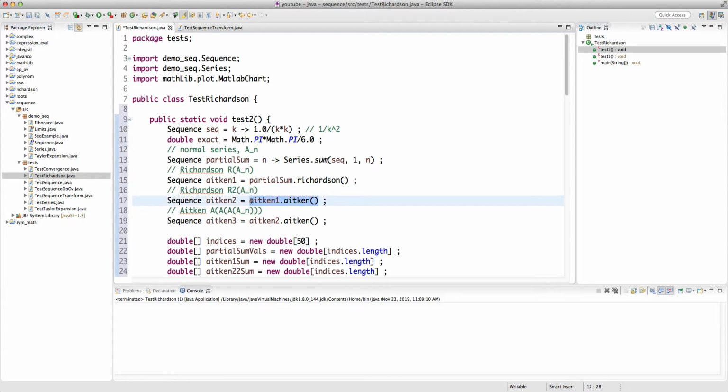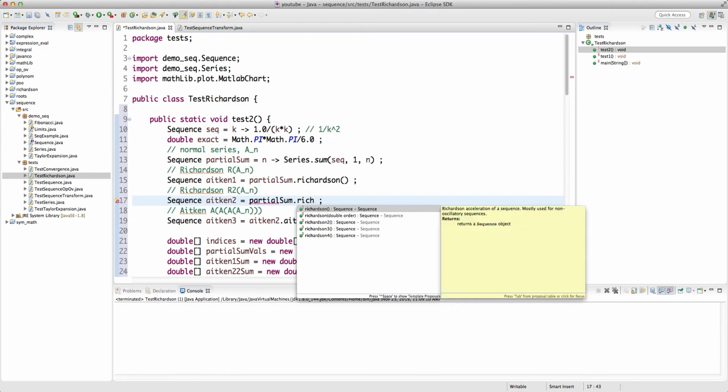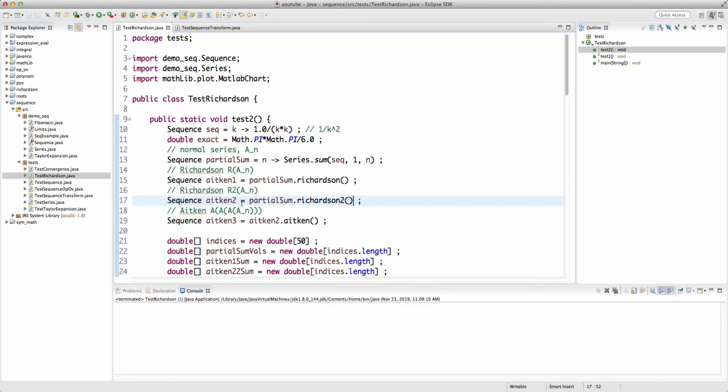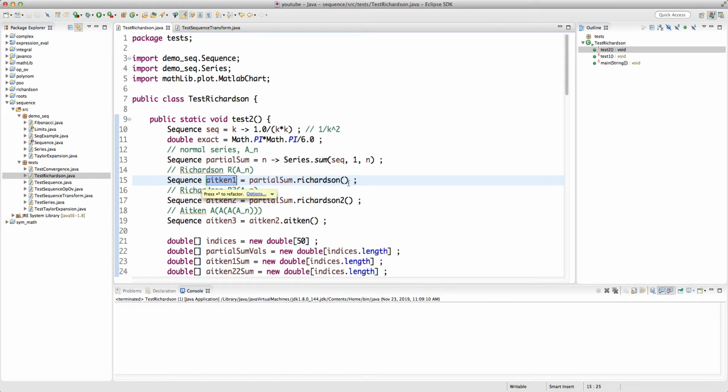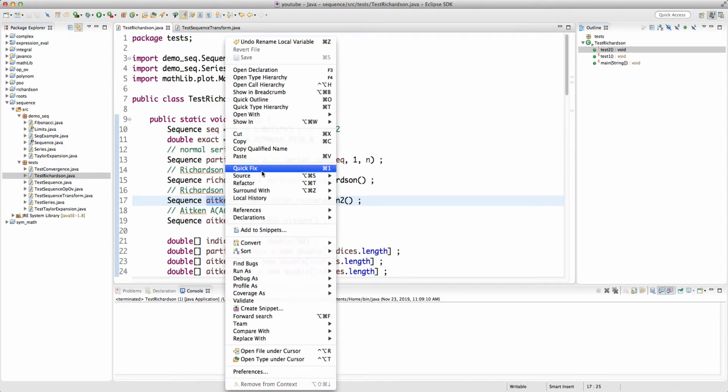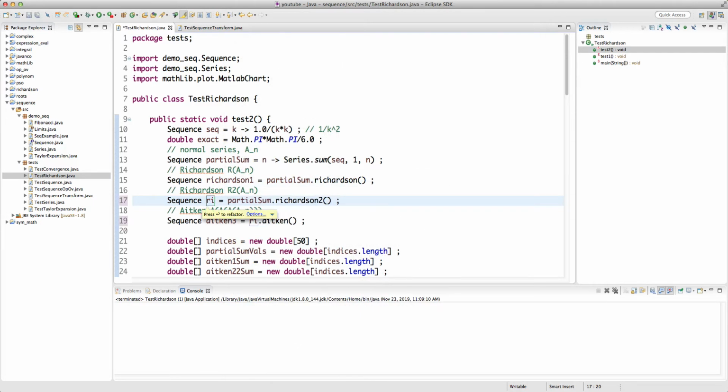So what I'm going to do is take the partial sum and then Richardson second. So this is second order Richardson. Let's rename it. So this is Richardson 1, and this is going to be Richardson 2, and finally instead of Richardsoning the previous ones, I'm going to apply a Richardson 3 to the original sequence.